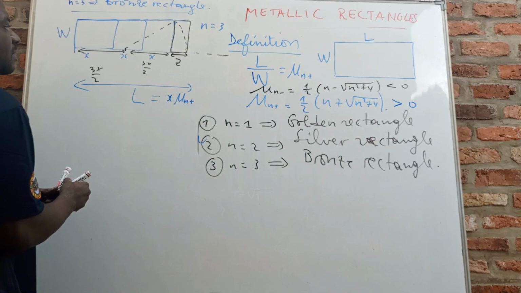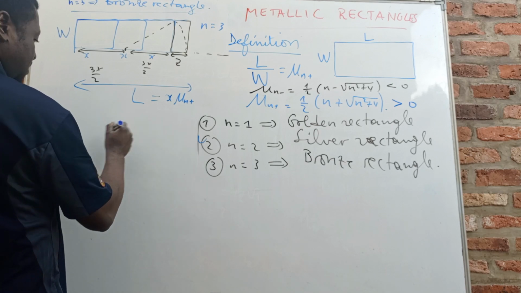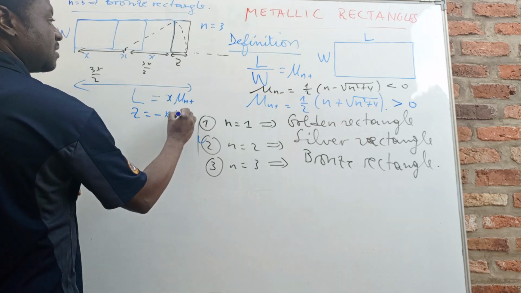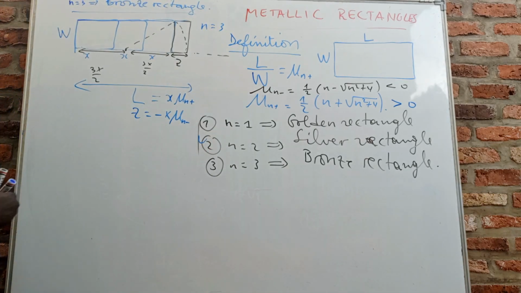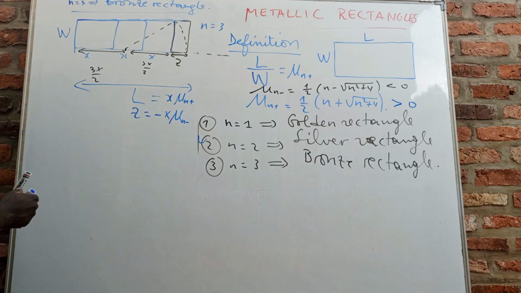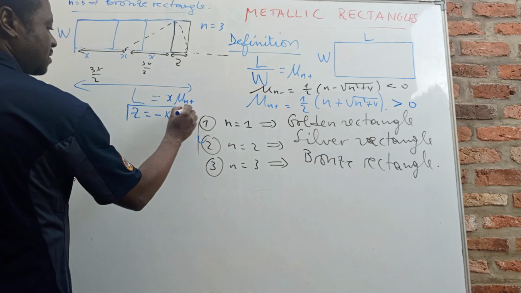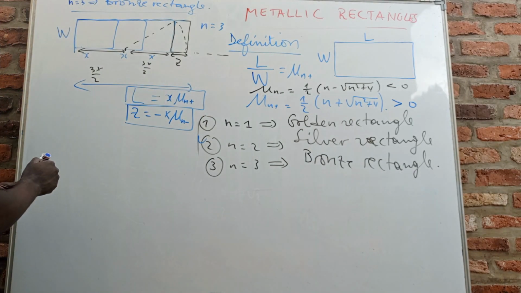Next, we are also supposed to prove that z is equal to negative x times the conjugate, mu n minus. In order to prove this one, we start with n equal to 3.